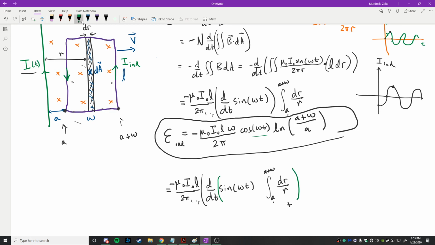We're going to have to take the derivative of both terms, and what's going to happen is that a is now going to be a variable. So a now is going to be equal to something like the velocity times the time. Does that make sense?